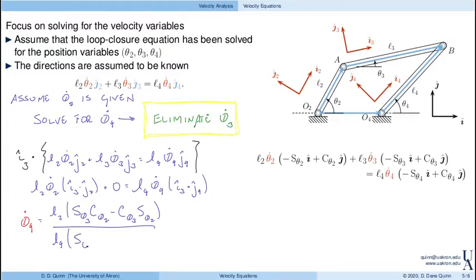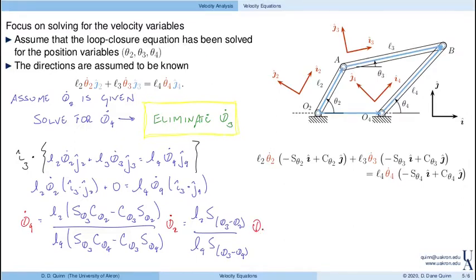Well, again, pause the video, work it out, and you get sine of theta 3 cosine of theta 4 minus cosine of theta 3 sine of theta 4, times theta 2 dot. Or if you recognize this, this becomes L2 sine of theta 3 minus theta 2, divided by L4 sine of theta 3 minus theta 4, times theta 2 dot.